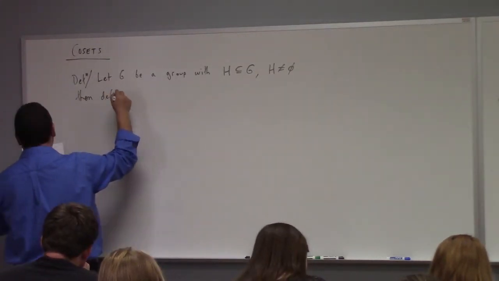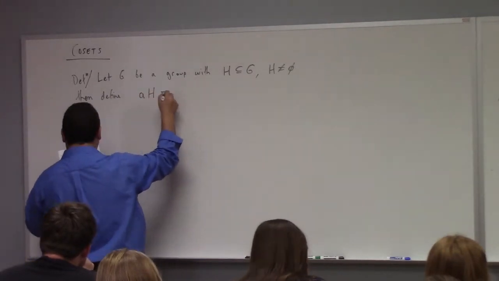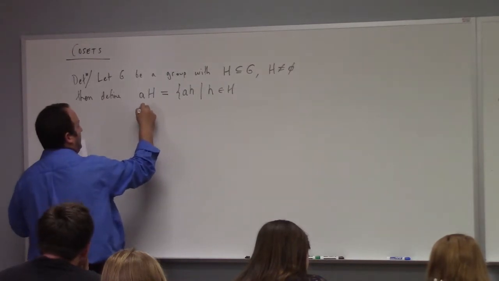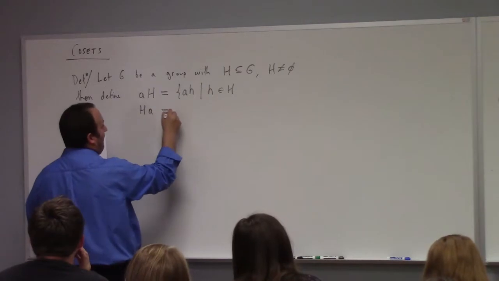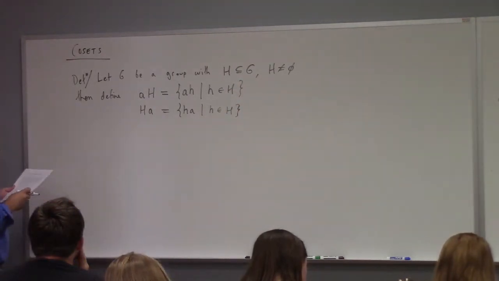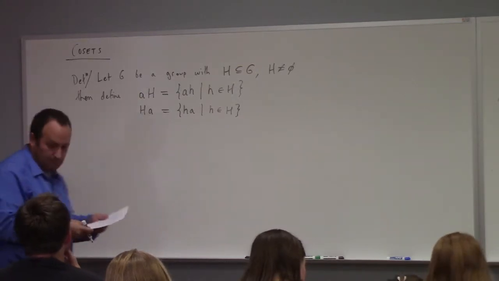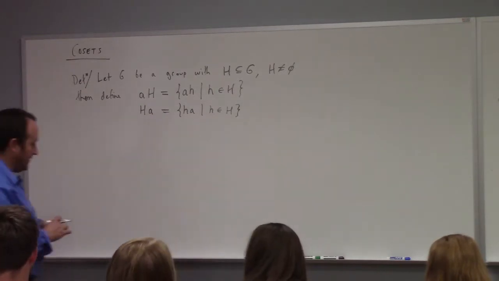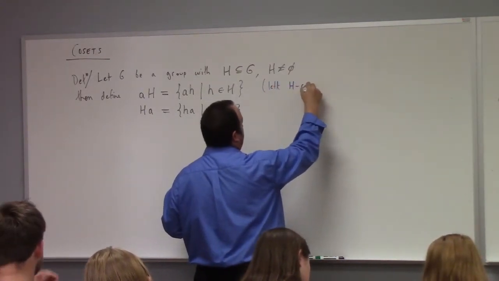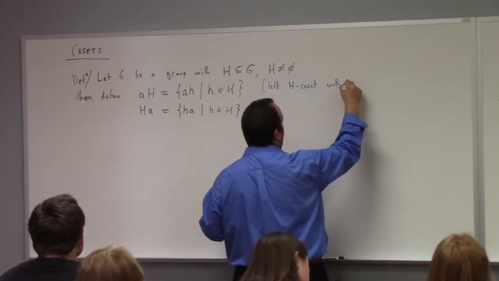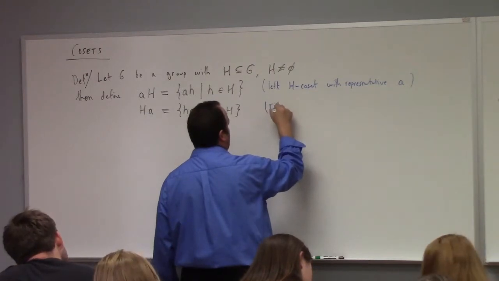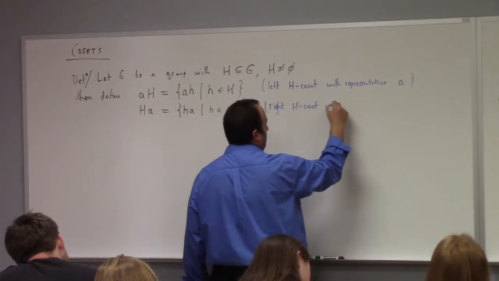Then define aH, which is a times h, such that h is in H. And also define Ha, h times a such that h is in H. So this is the so-called left H coset with representative a, and this is the right H coset with representative a.